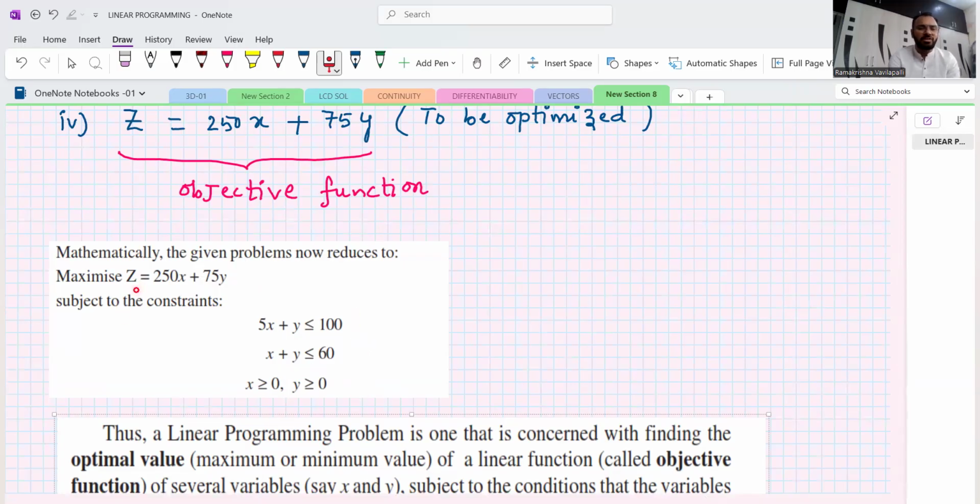Remember, this is called an objective function. In general, why do we call this linear programming? All variables are linear variables.